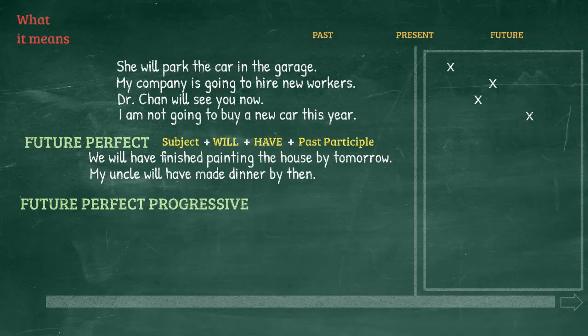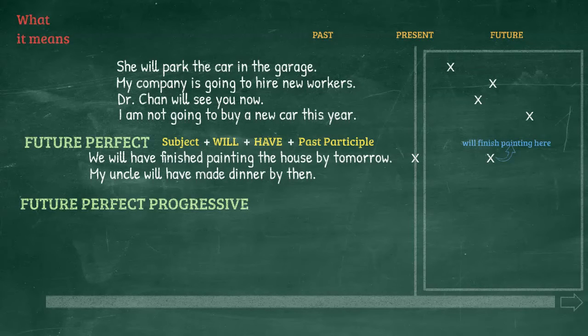And the reason why we use the future perfect is because the action is important to what is happening right now. So when we say, we will have finished painting the house by tomorrow, it means that we are probably painting the house right now, and by tomorrow we should be finished.